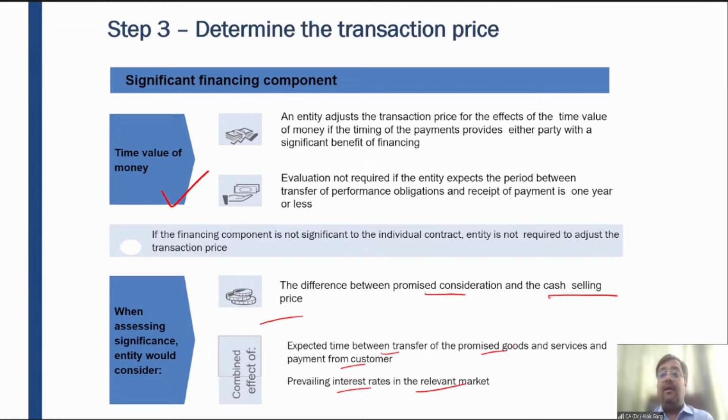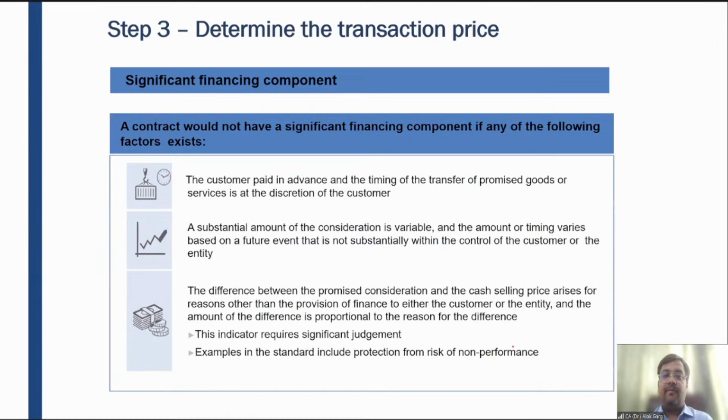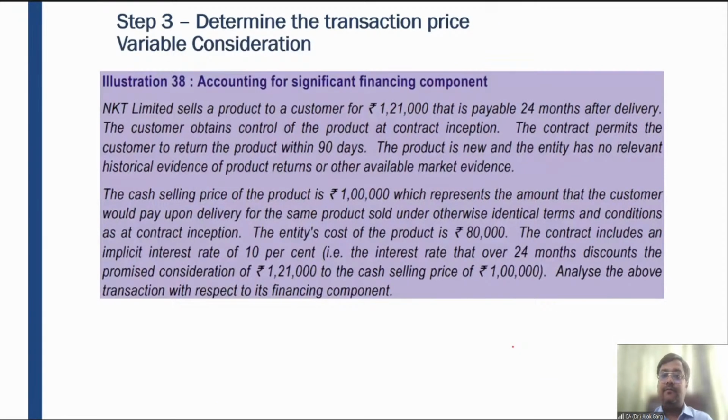So basically, to compute the significant financing component, you have to take the prevailing interest rate in the relevant market. You have to take the market rate of interest, right? And you have to also analyze what is the expected time between transfer of promised goods and the payment from the customer. Okay, so time multiplied by interest will give you the time value of money. Clear? I hope it is clear to all of you.